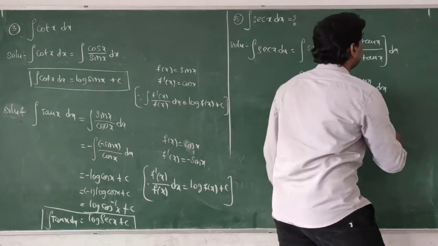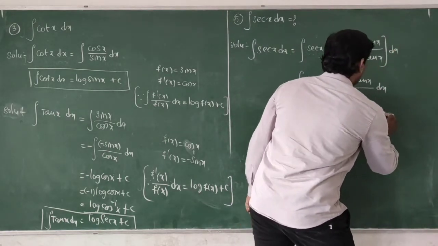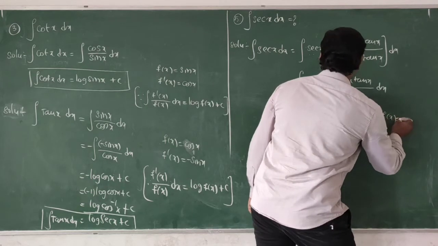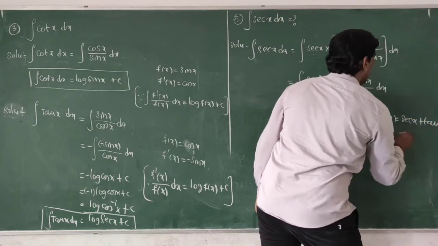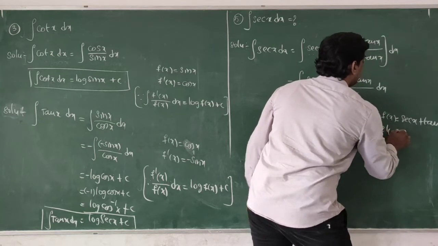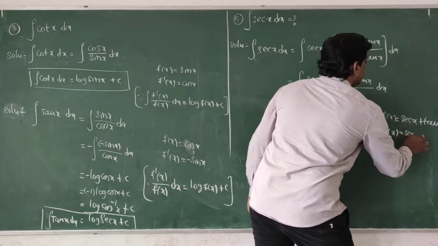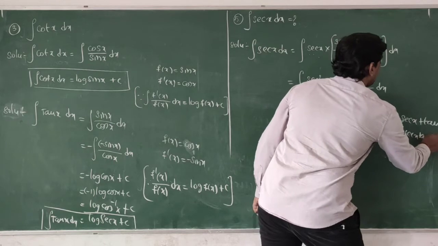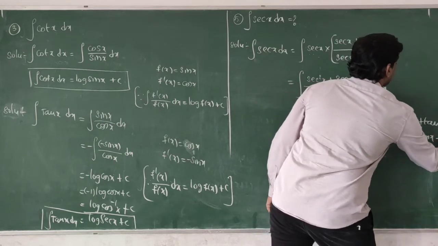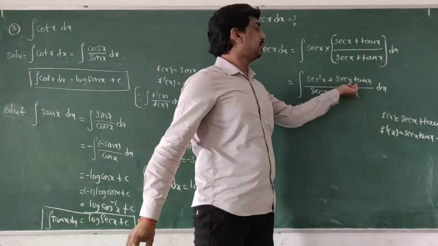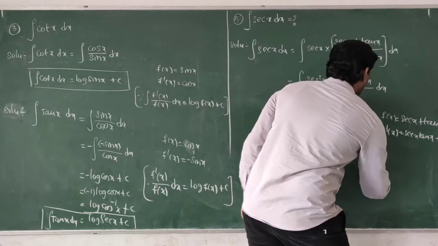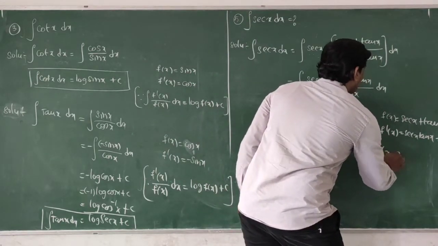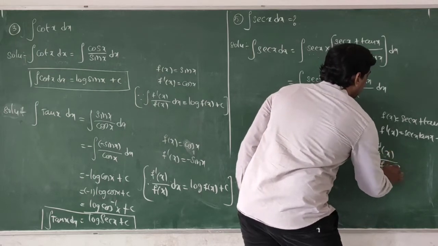If we take f of x equal to secant x plus tan x, then f dash x equals secant x into tan x plus secant square x, both are equal. So we see it in the form of integration of f dash x by f of x dx.